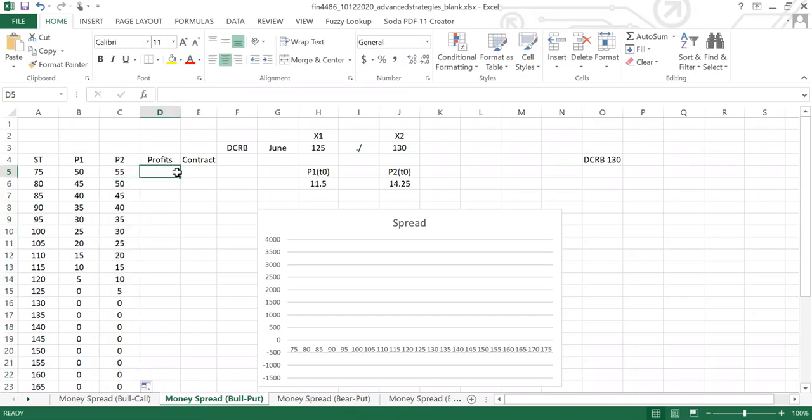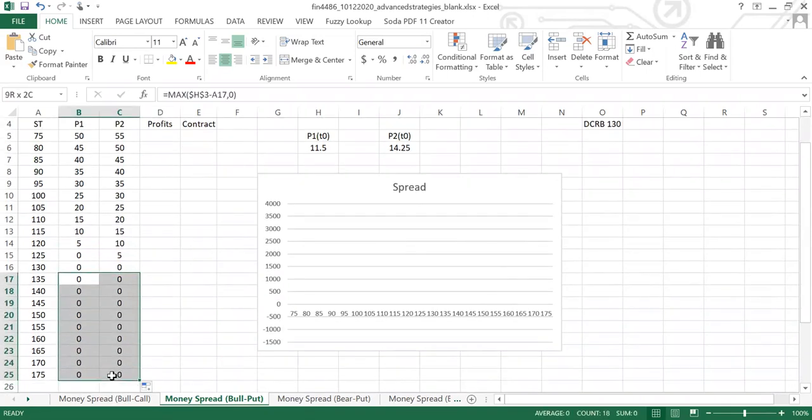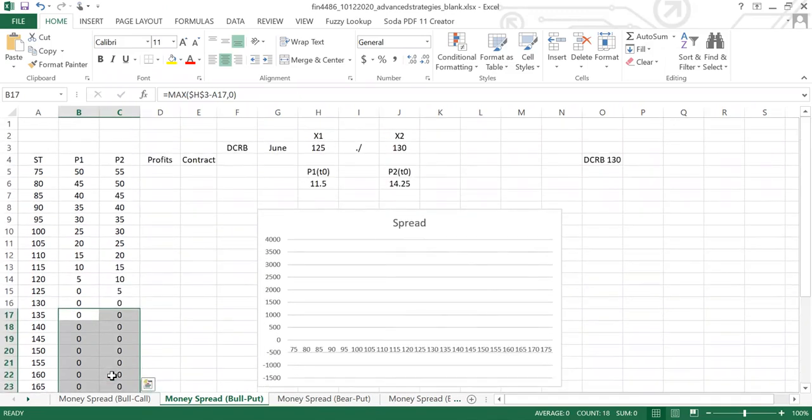Okay, so you see that we're getting value from the put options when the stock price is lower, and we're not getting value from the put options when the stock price is higher. The opposite, completely the opposite to what we were seeing when we were forming the bull spread with call options. This is still a bull spread, but now with put options.